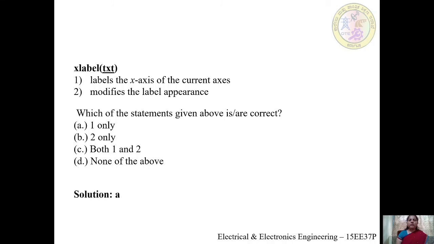Here, for appearance, we need to specify the property name and the value. Here only text is given. So it will label the x-axis of the current axis. To modify the label appearance, we need to add some more things to this command.